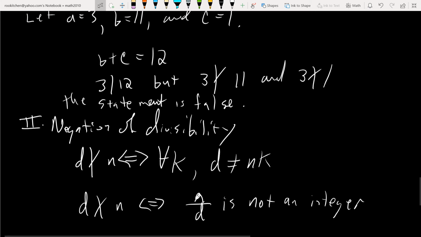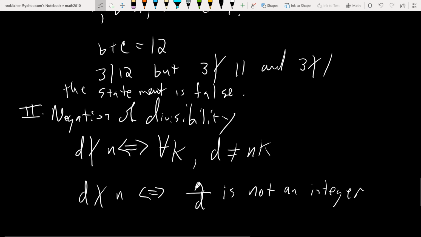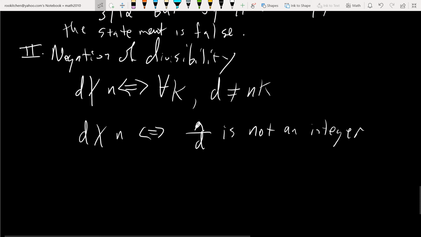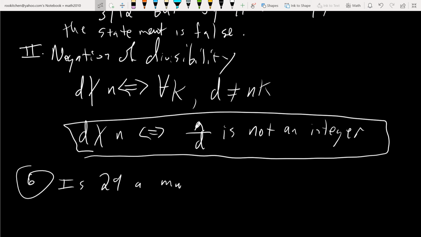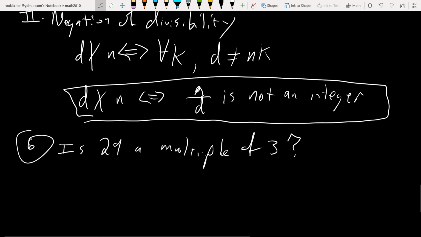And in particular in the homework exercises, the second definition is what you'll probably have to invoke. A problem like number 6 asks: is 29 a multiple of 3? In other words, if we translate that, it's asking, does 3 divide 29?